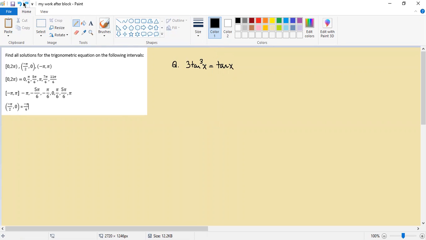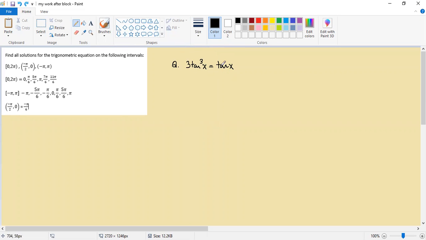Of course this is valid, but it questions whether or not tangent of x is 0, because we can't actually divide by 0. So in all cases, at least for the most part, you want to avoid dividing both sides by a particular function, seeing as x for that function could be 0 and dividing would actually be counterproductive.